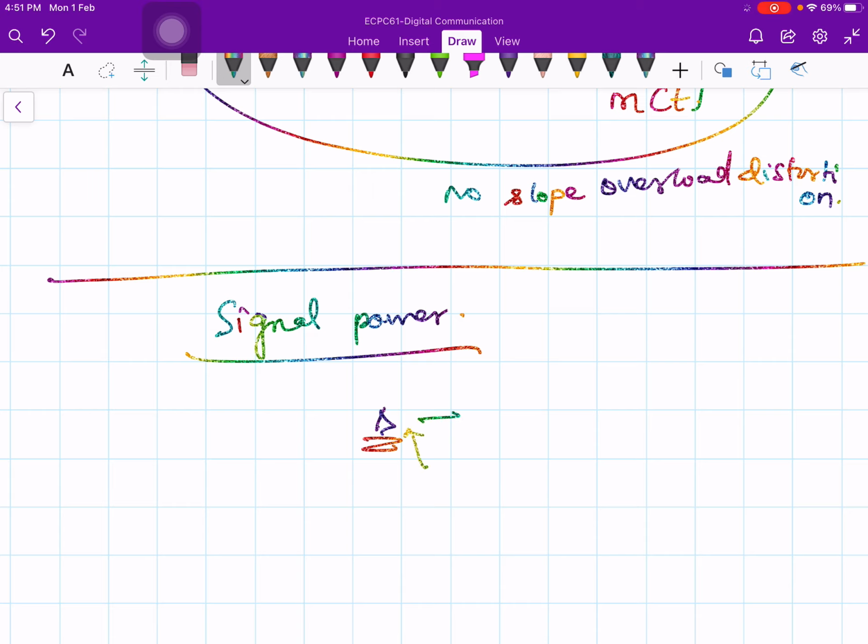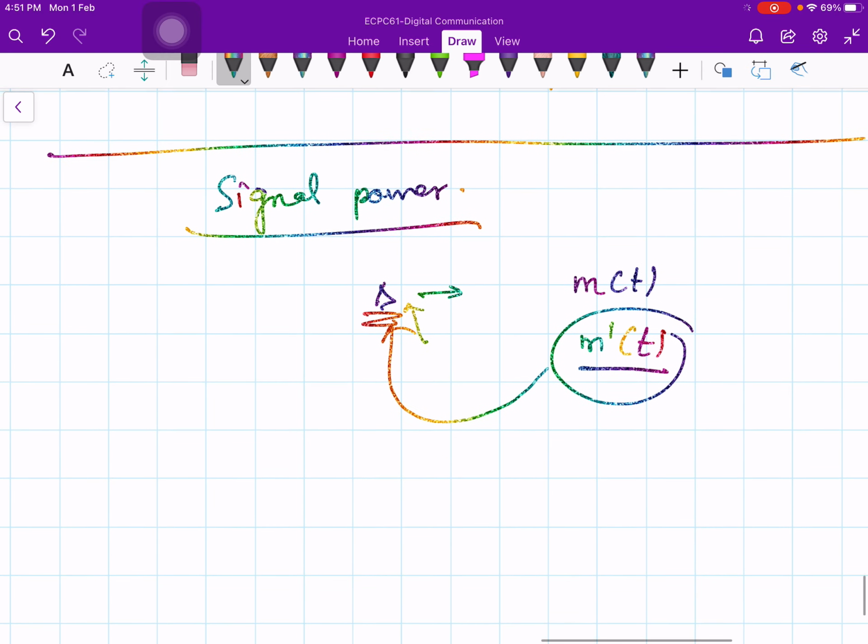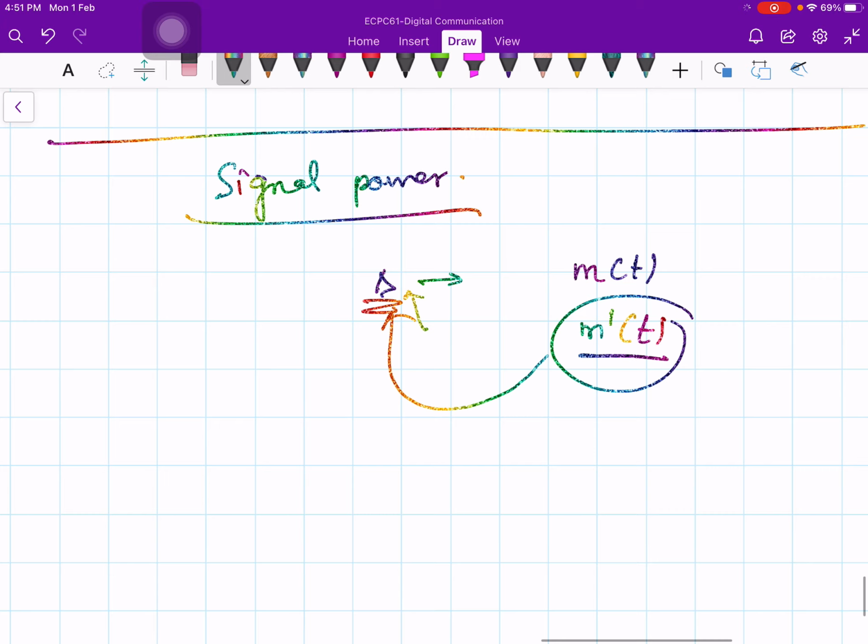How will you choose this delta? Delta is chosen based on the nature of the signal. Therefore, you take m of t and find the slope m dash. From the slope, you can find what the delta would be. The slope again depends on the amplitude and frequency component of the signal.